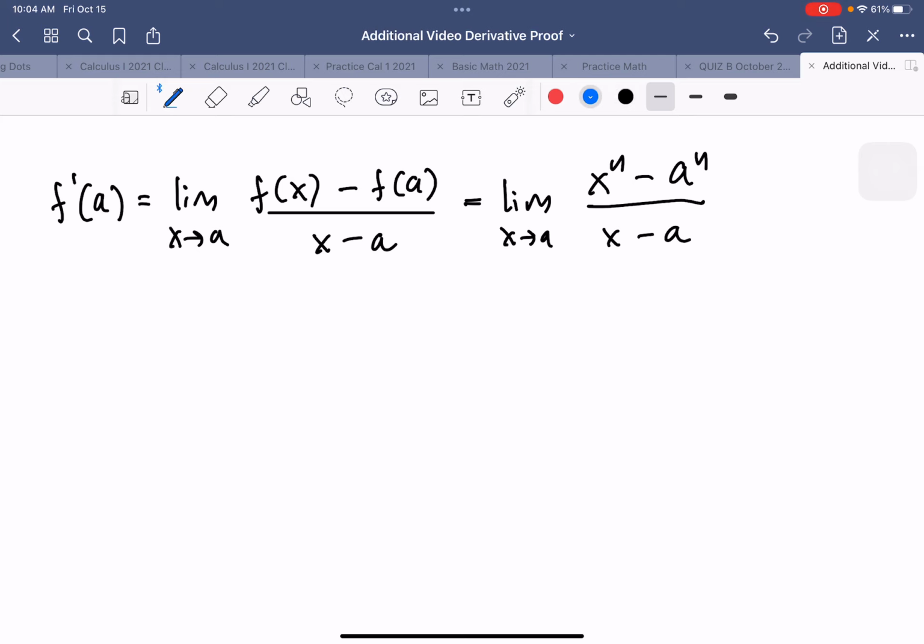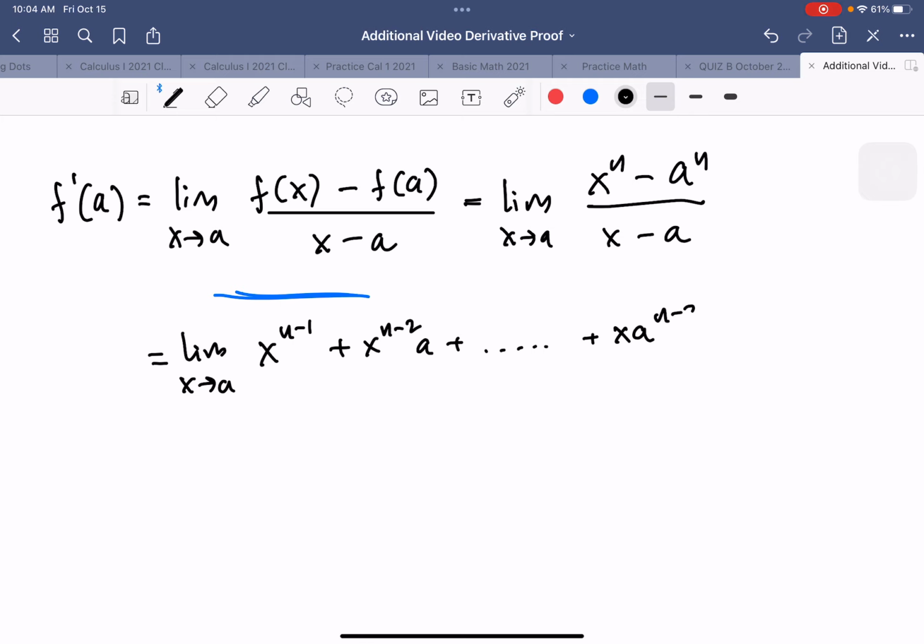We can also use this and try a similar idea. And I think this is probably better. Okay, so you will have x^(n-1) plus x^(n-2)a plus ... plus x a^(n-2) plus a^(n-1).